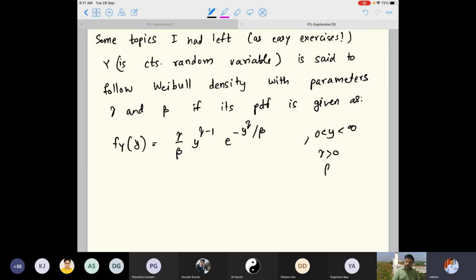Gamma is strictly greater than 0, beta is also strictly greater than 0. This is the range of parameters.